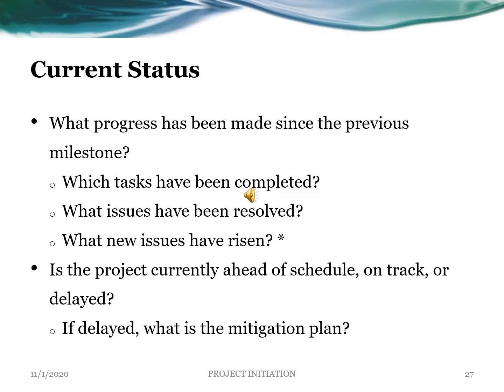The current status will explain what progress has been made since the previous milestone, which tasks have been completed, what issues have been resolved, and what new issues have arisen. Is the project currently ahead of schedule, on track, or delayed? If delayed, what is the mitigation plan?